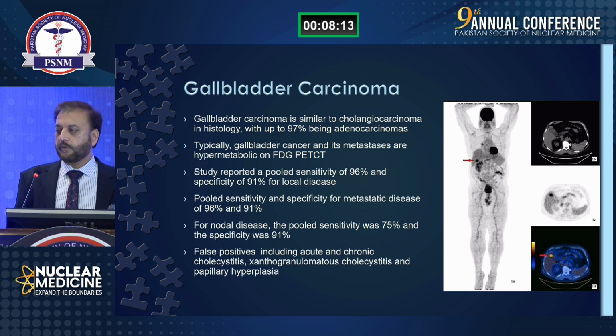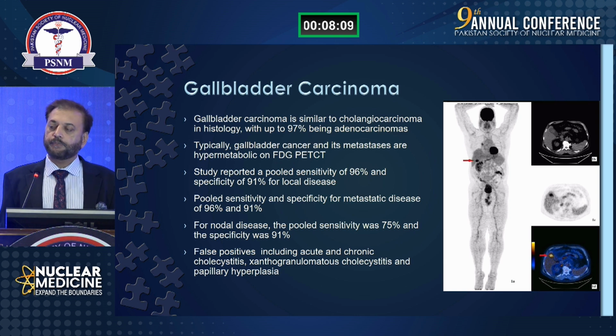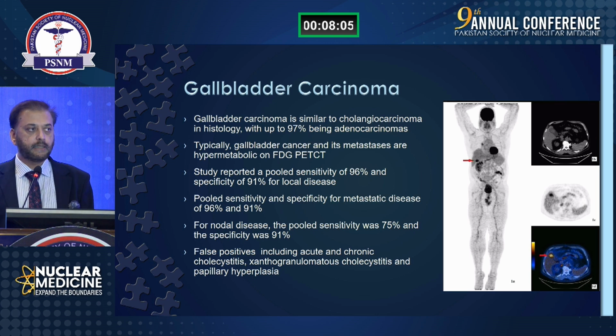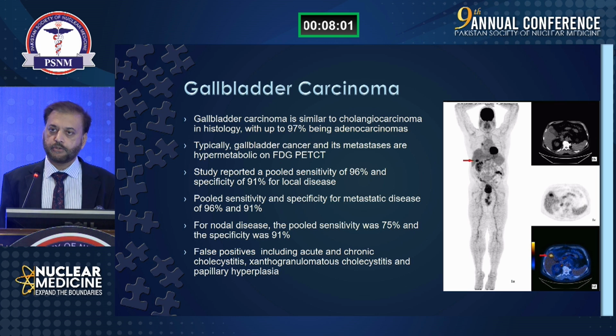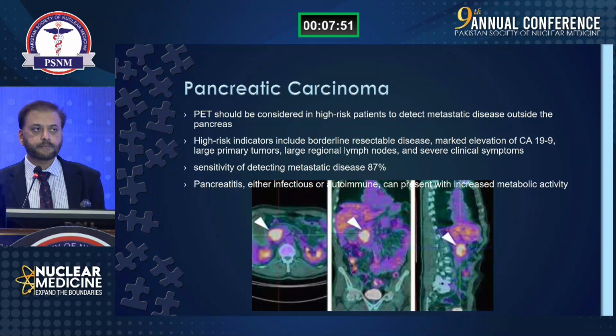We found some published articles which support the use of FDG PET CT, but clinical guidelines do not recommend the routine use of FDG PET CT, neither in staging nor in restaging or response evaluation. So more studies are required to establish the role of FDG PET CT in gallbladder and cholangiocarcinoma.